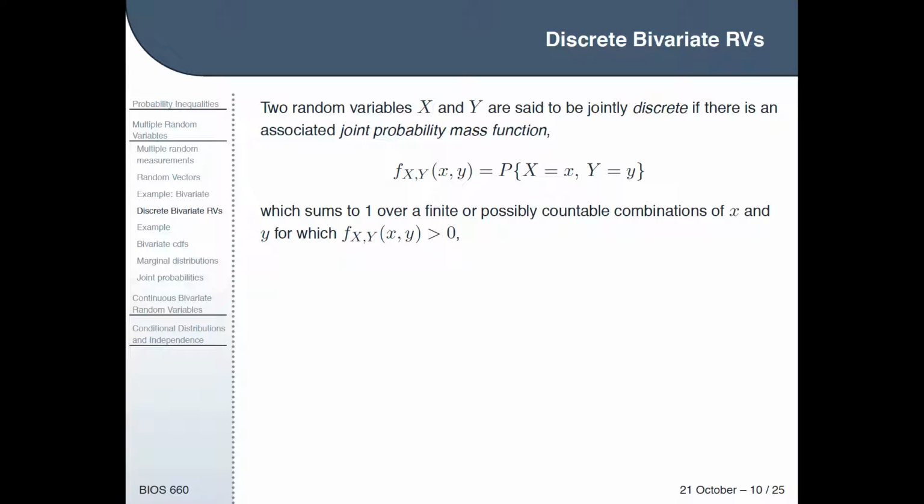This has to be greater than or equal to 0 for every possible value of x and y, and they have to sum up to 1.